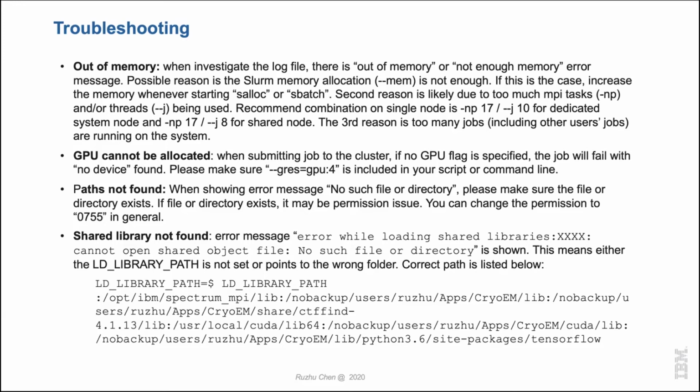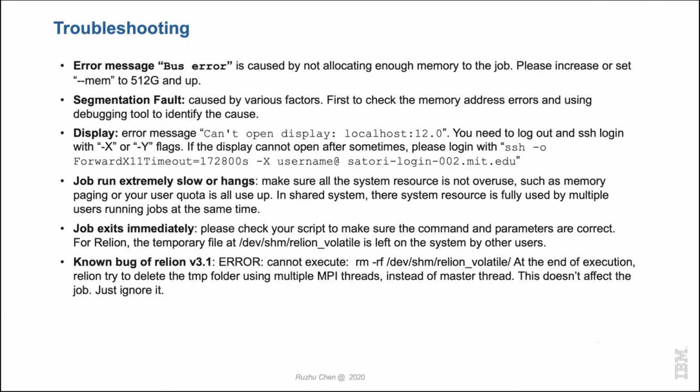In this case, you have to make sure your library is installed, and also your library path is linked to the actual shared library. Another error, which is very rare, is the bus error.